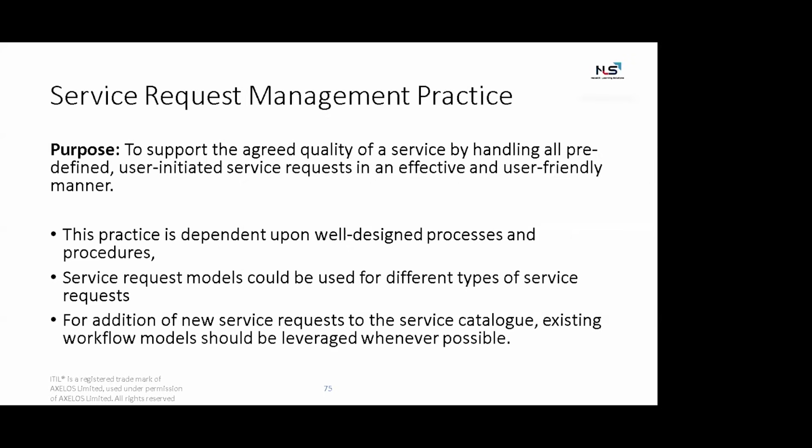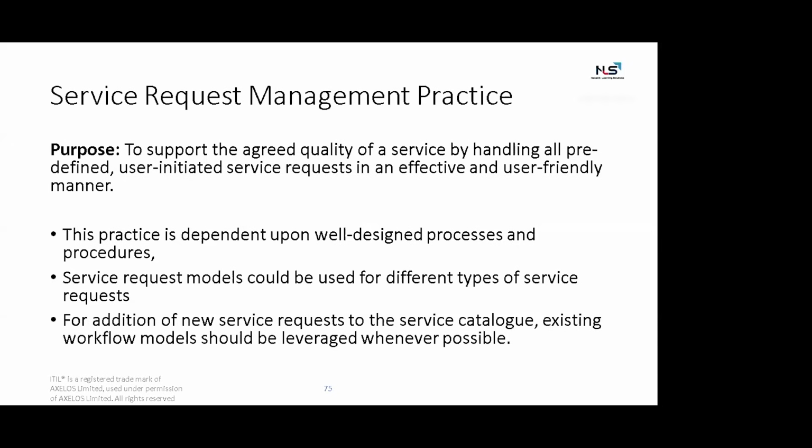So we have a separate team called service request management. Its purpose is to support the agreed quality of a service by handling all predefined user-initiated service requests in an effective and user-friendly manner.